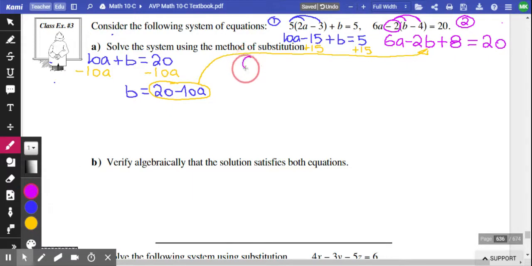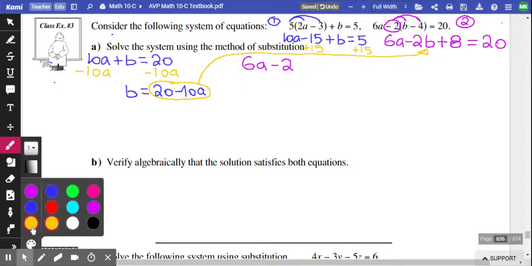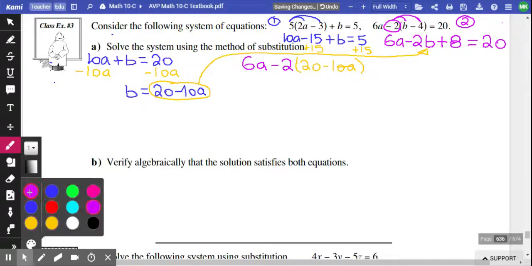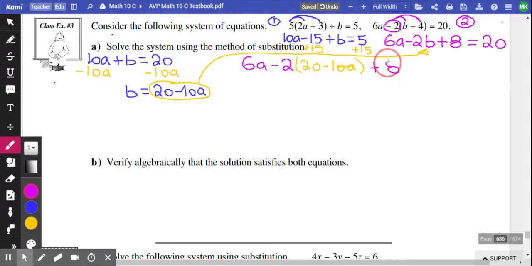When I do that, I now have 6a minus 2 bracket 20 minus 10a bracket plus 8 equals 20. Sorry, the 10a kind of got dragged across. That's my substitution step. That's why this is called substitution, and that's why they named it what they named it.